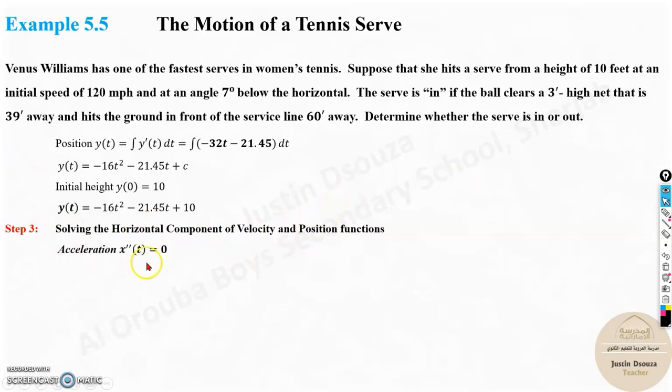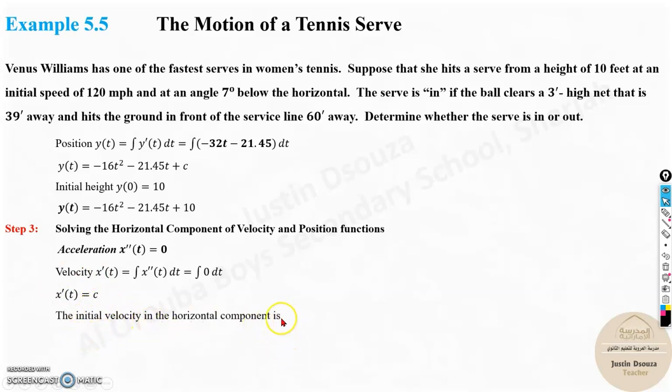Same thing, but for the horizontal component, we know the acceleration is 0. Now, integrate this. How much will you get? It is 0 plus c. So, we don't write 0t plus c, it will be just c. Now, over here, initial velocity component. We have done this in the last problem. Same thing. x dash of 0 will be v naught cos theta.